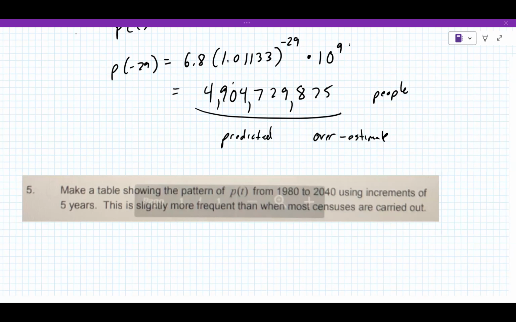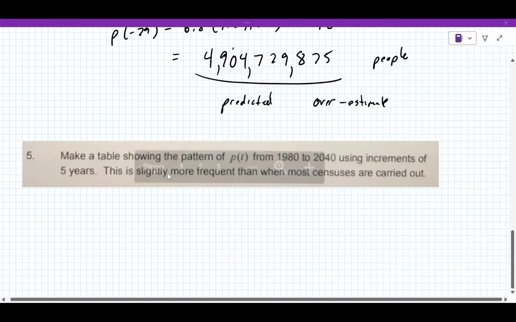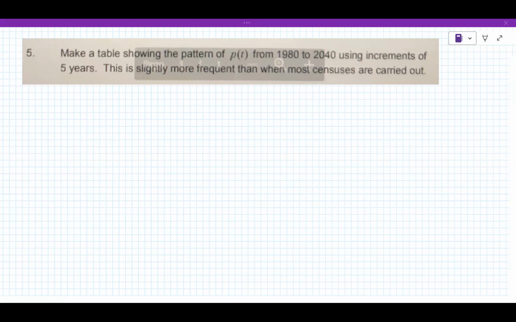I can show you how to do this in a TI 83, or we can use the Desmos scientific calculator that's online. Which would you prefer? We can just use the online calculator. Okay, give me a moment here to get mine opened up.